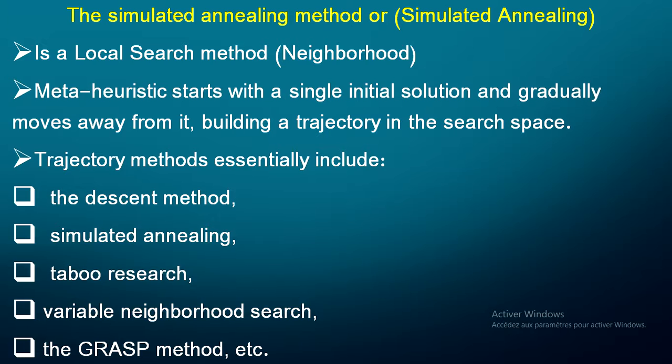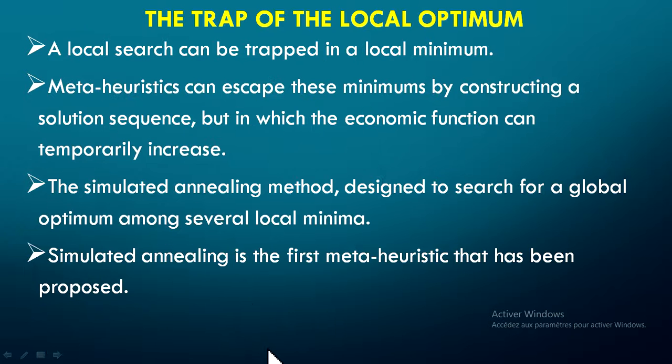So, the simulated annealing method is a local search method, which uses the neighborhood, and it's a meta-heuristic because it starts with a single initial solution and gradually moves away from it, building a trajectory in the search space. Trajectory methods essentially include the descent methods, simulated annealing, taboo search, variable neighborhood search, and the graph methods, etc.